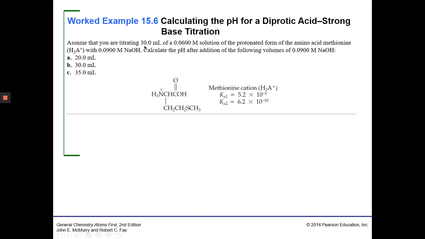So we would take 30 times 0.06. And then for part A, we would calculate the millimoles of hydroxide that we added. And we could take 20 times 0.09, and that should actually give us the same number as our millimoles of acid that we calculated.